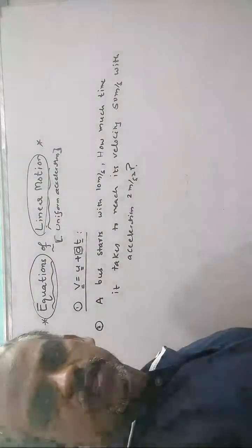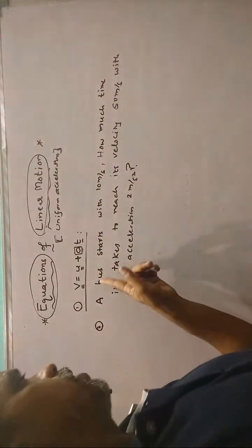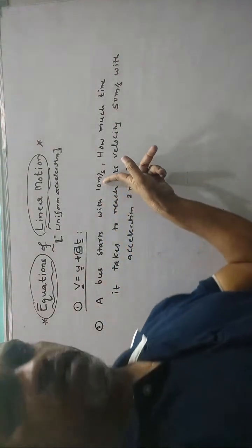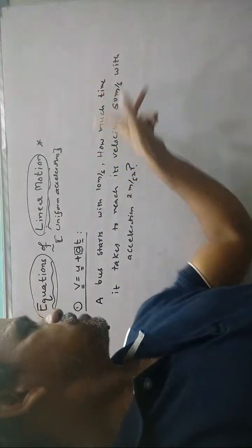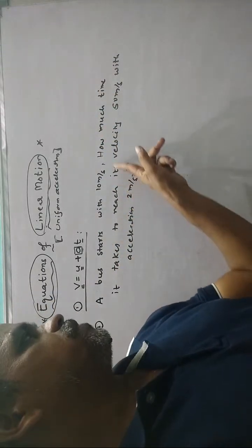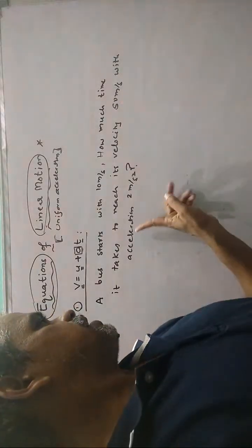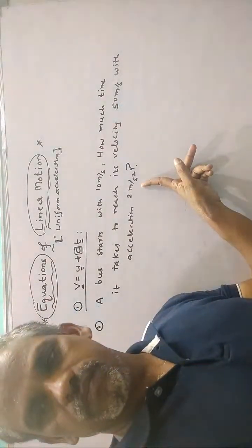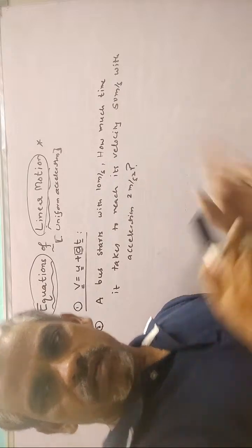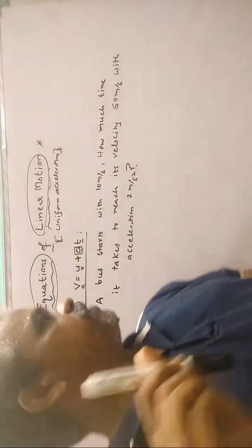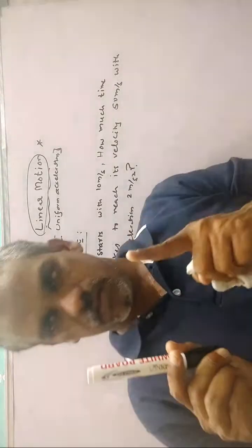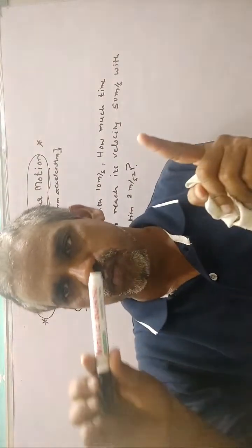See, I am reading the question now. A bus starts with 10 meter per second. How much time does it take to reach its velocity of 50 meter per second with acceleration 2 meter per second square? See, the body starts with 10 meter per second. It is moving.